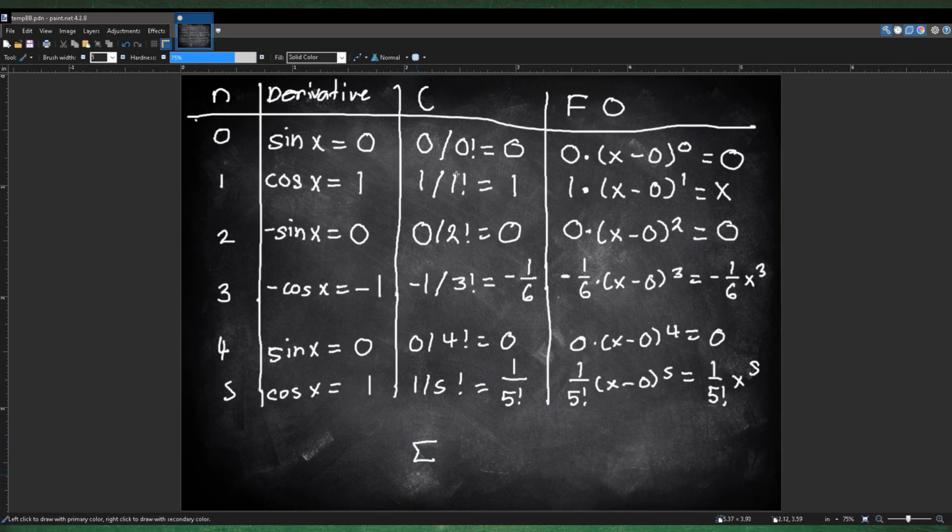Since this is exponent 1, let's start n at 1 and go to infinity. Let's edit that section: 6 is just 3 factorial.